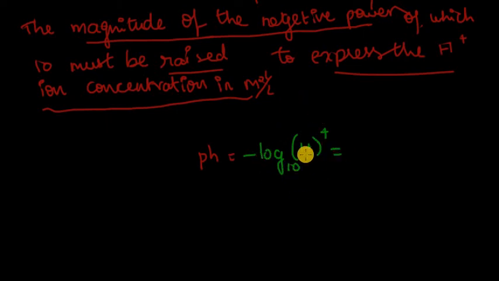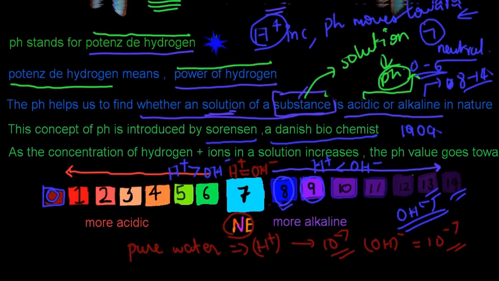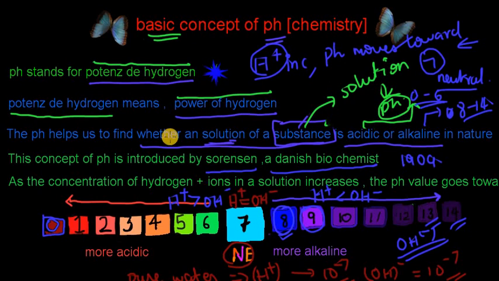If we put any value of hydrogen ion concentration into this, you will get that substance's pH value. So this is the formula of pH. I don't want to get into this so much because this is just a basics video. So this introduces you to the concept of pH.